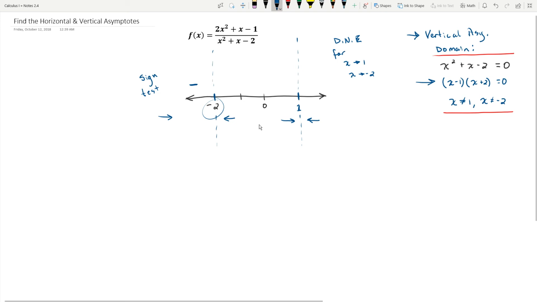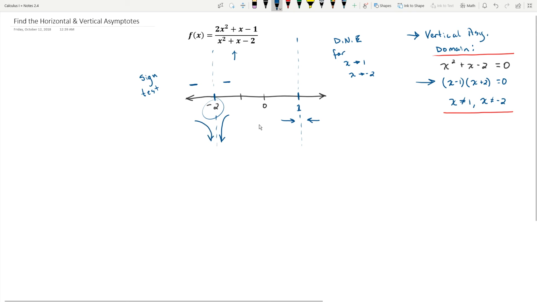If I have a value just a little bit bigger than -2, so -1.75, and I input that into the function, I'm finding that I'm getting values going towards negative infinity on both sides of -2.